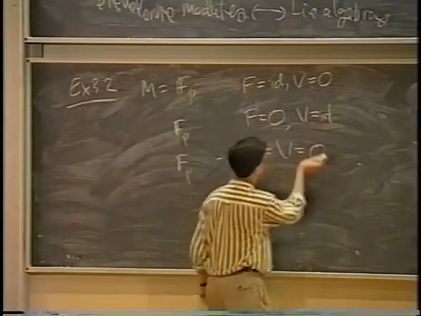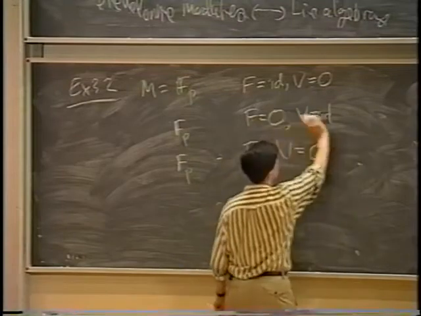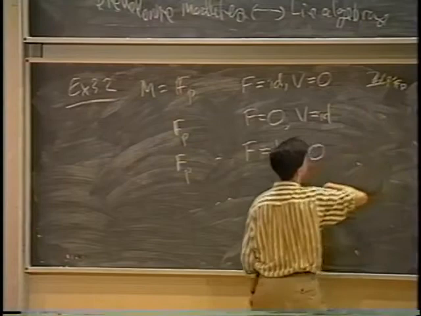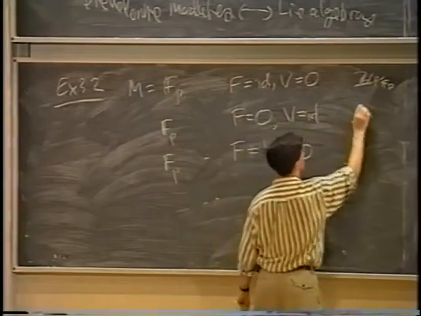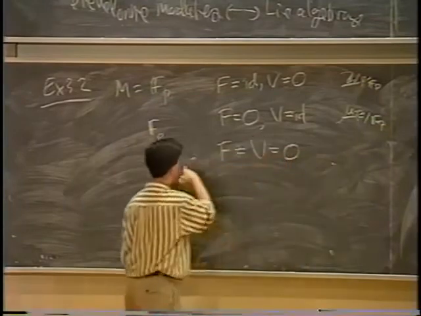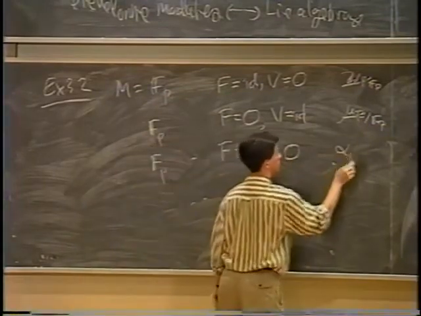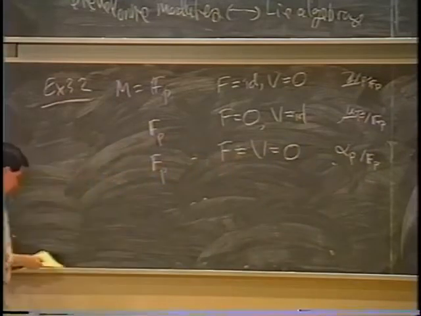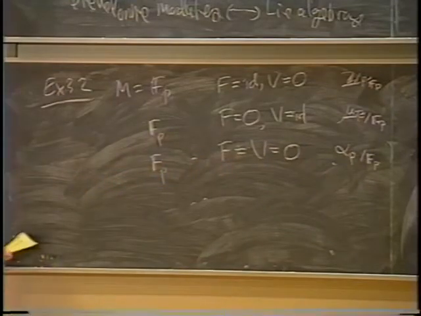And in this case, the corresponding group scheme, here it turns out to be the constant group scheme Z mod P. Here it turns out to be the group scheme mu P. Here it turns out to be a certain group scheme called alpha P. Okay? Which we'll see more of in a minute.